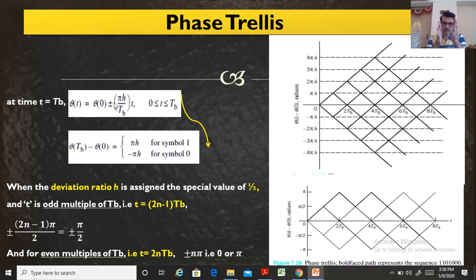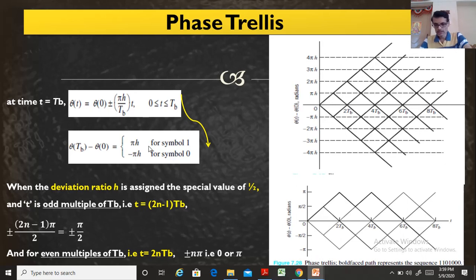At t equal to Tb, if I substitute, this Tb cancels, and we get theta of Tb equal to theta of 0 plus or minus pi h. If I take theta of 0 to the other side, theta of Tb minus theta of 0 equals plus or minus pi h. Plus pi h means symbol 1, because we increase by pi h, or we decrease by pi h for binary 0.